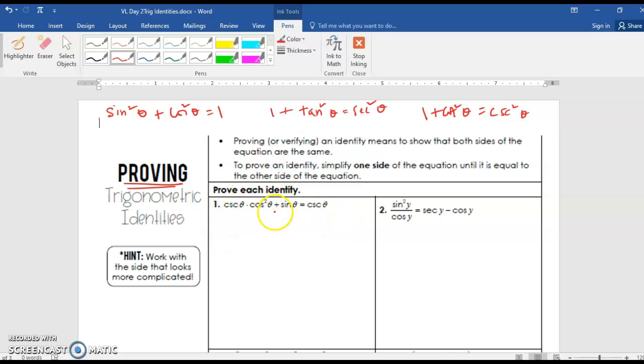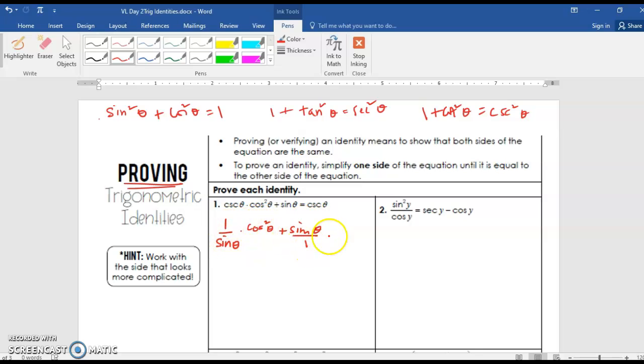So we need to prove that this left-hand side is the same as cosecant theta. So let's get started. Here, cosecant is 1 over sine theta times cos squared theta, just write it just like that, plus sine theta, right? Now this seems to be like a fraction.